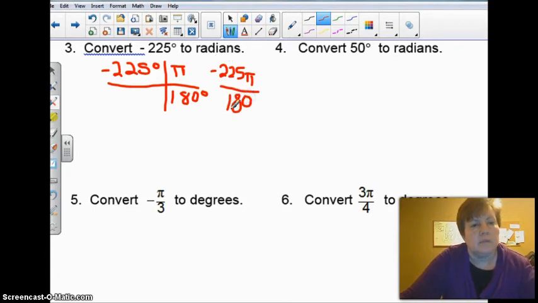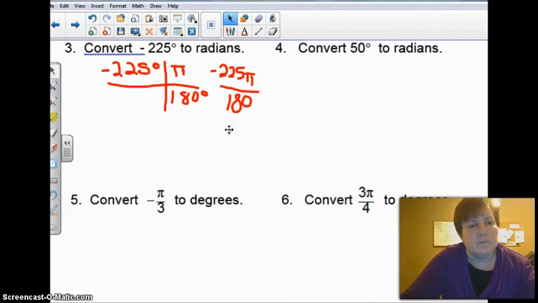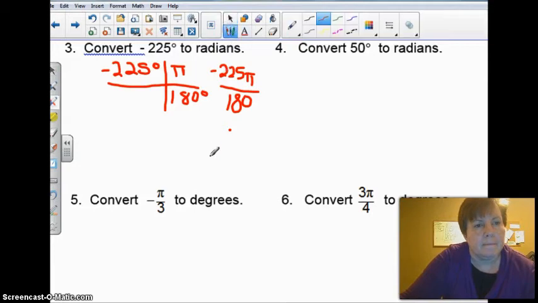Then we just need to reduce this, negative 225 over 180. I can see it's divisible by 5. Turns out it's also divisible by 9, and we'll reduce down to negative 5 pi over 4.